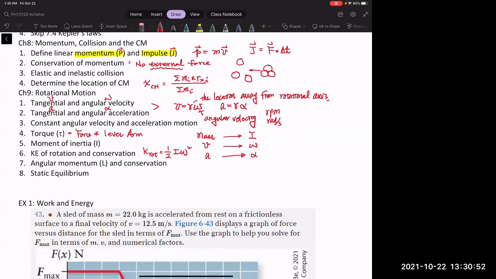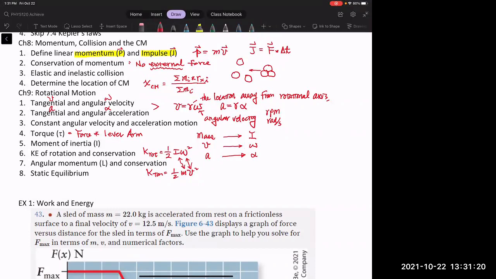The tangential one is 1/2 mv squared. So you can see they are analogous to each other. Omega is similar to v. Moment of inertia is equivalent to the mass.